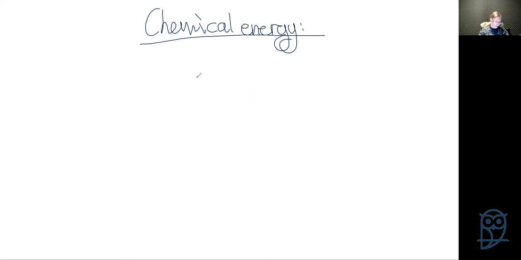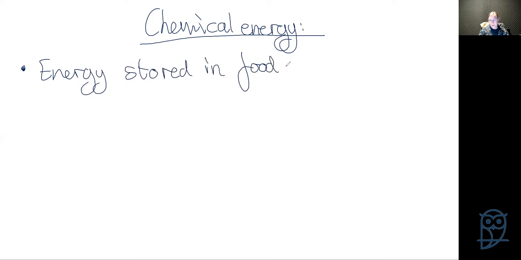So here we've got 3 different categories. The first category is essentially energy stored in food. Your body can take the energy that is being stored in food during digestion and then convert it into energy your body can actually use in order to move.